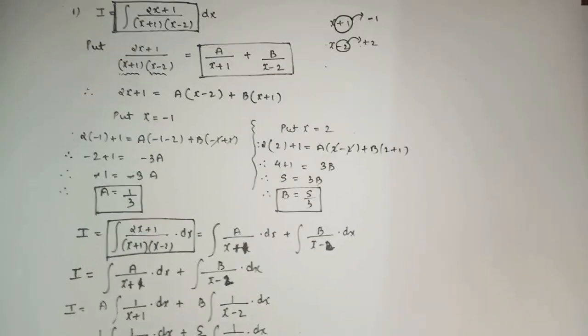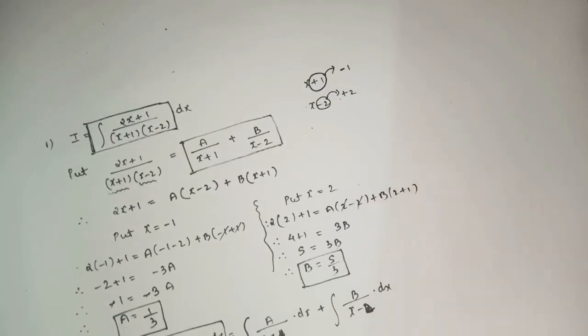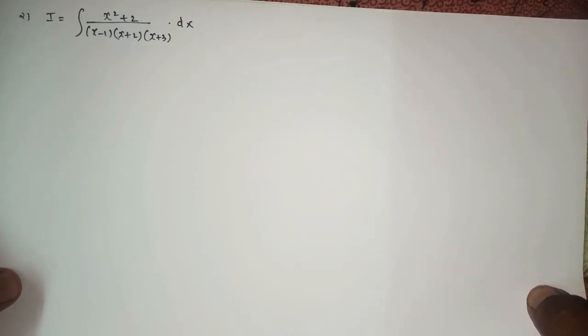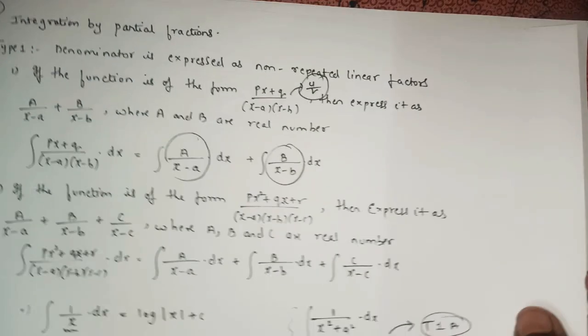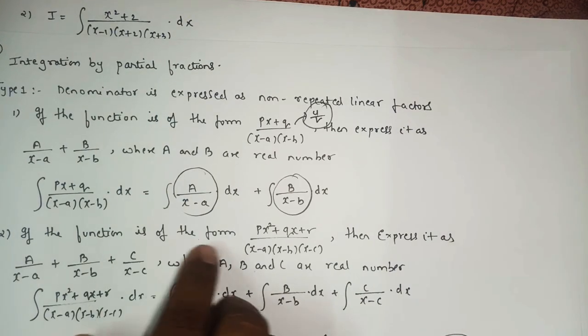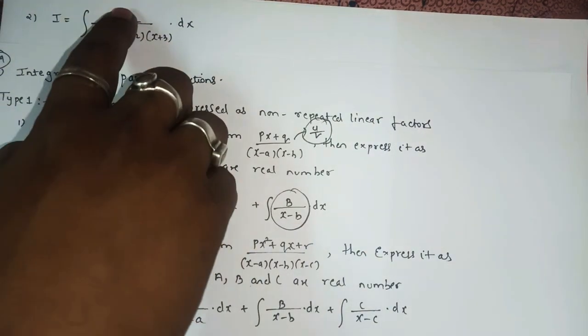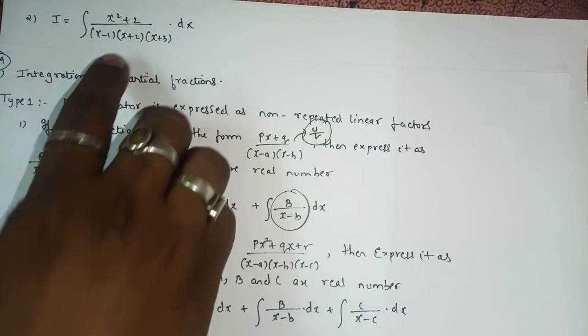Then we'll take one more example where you will see the function in this form. The numerator will contain a quadratic, as here we have a quadratic expression, yes or no?